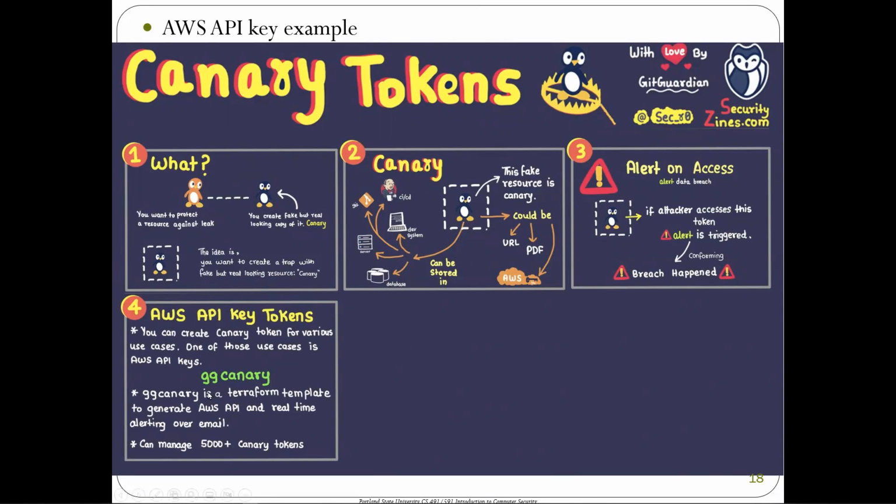One of the things they've done with canary tokens is they have automated Terraform templates. Terraform is a programmatic way of deploying infrastructure. You can use Terraform to programmatically deploy bogus data in your cloud project. That's what this GG Canary thing is doing. And then you sprinkle these all throughout your AWS project.